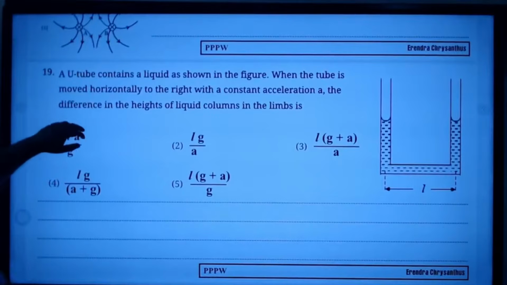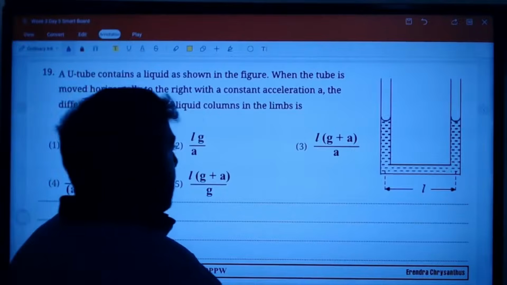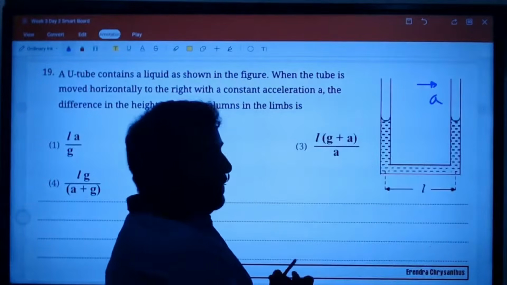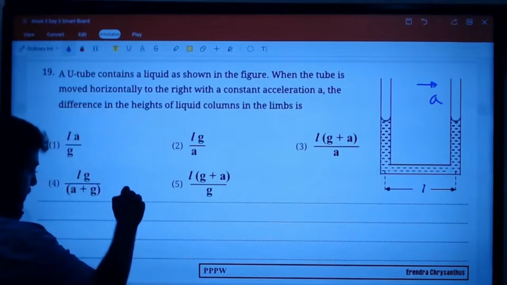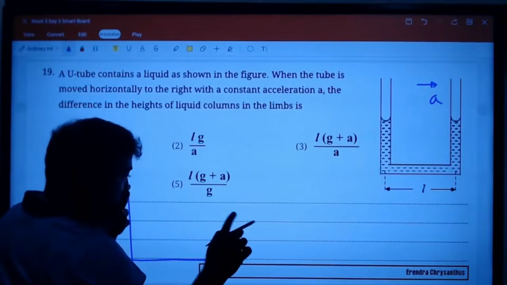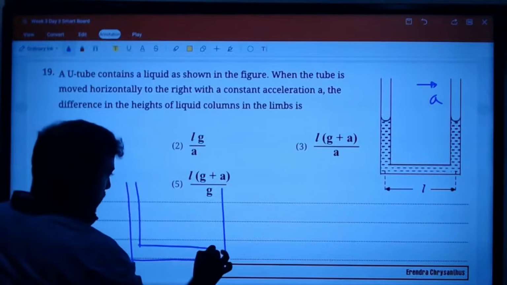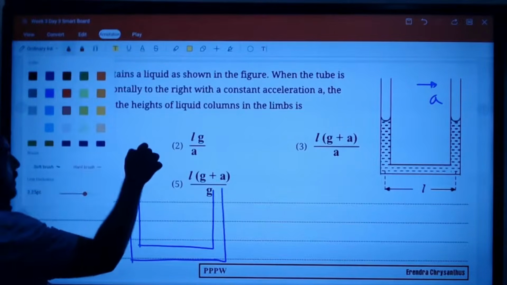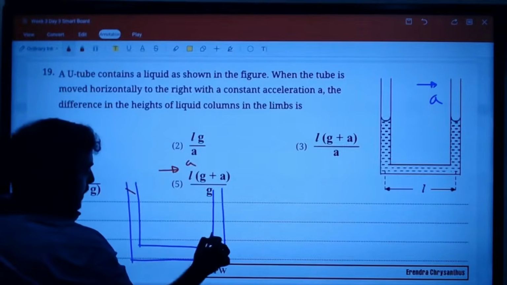A U-tube shown in the figure accelerates in that direction. Now these are the basics. Whenever there is acceleration, I have a shortcut for the ones who came for theory. For the ones who don't know this, I'll teach. When you accelerate in that direction, this level goes up, this level goes down.